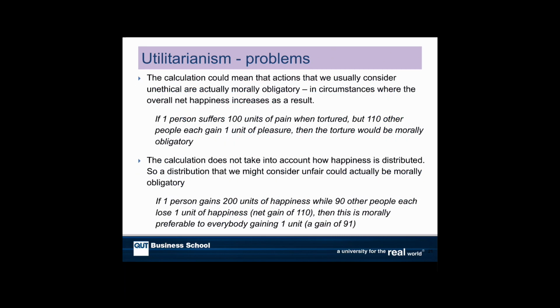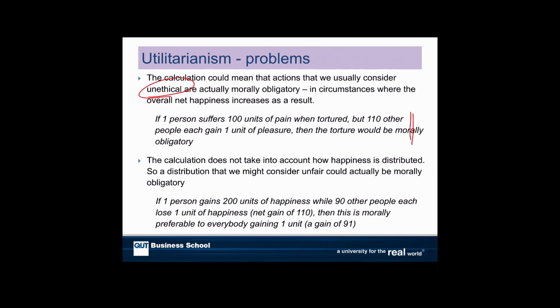Another key concern that's been raised from an ethics perspective is it might actually create situations where we get what we consider to be unethical acts based upon the idea of overall net happiness. So here's a simple example where torturing someone might actually lead to an overall net pleasure, but a lot of us might think that torture is an unethical thing to engage in.